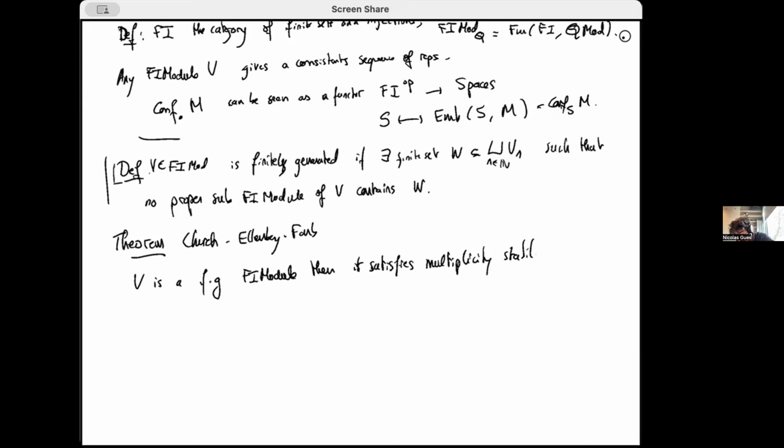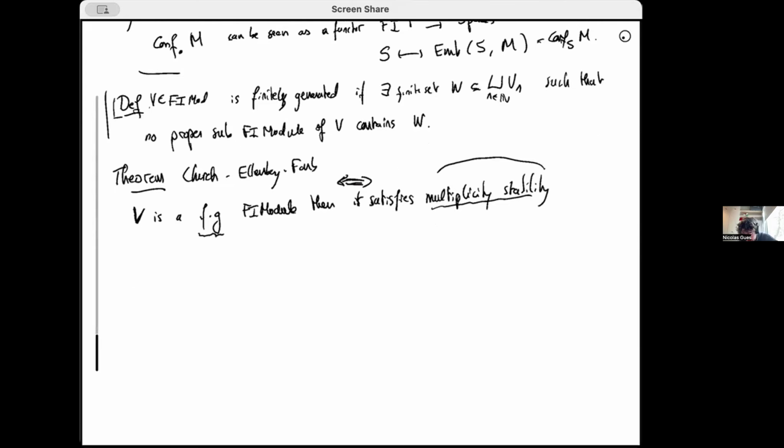For multiplicity stability to have a meaning, you need to be over Q. But this is interesting because, and I actually think that it's an equivalence, if I'm not mistaken. But in any case, you reduce this whole counting multiplicities thing to a property of a single algebraic object. V will be an FI module, and it suffices to find a finite set of generators to prove multiplicity stability.